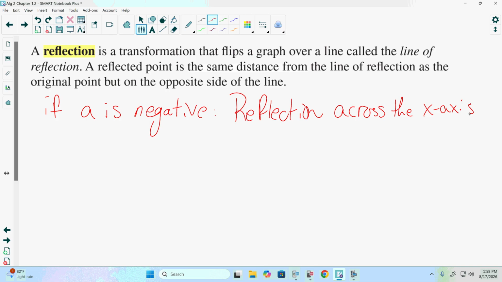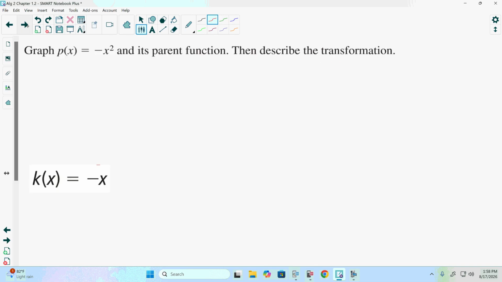Well, what does that mean? If we look at the one right below it, p of x equals negative x squared. What's its parent? Quadratic. We'll get to the A here in a second.